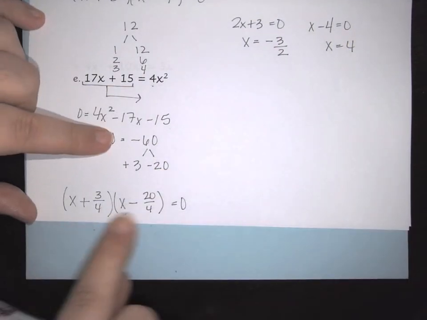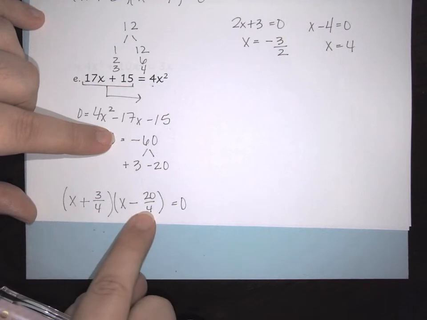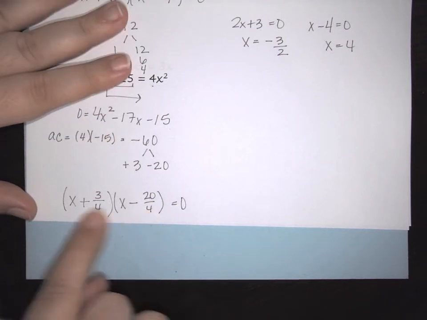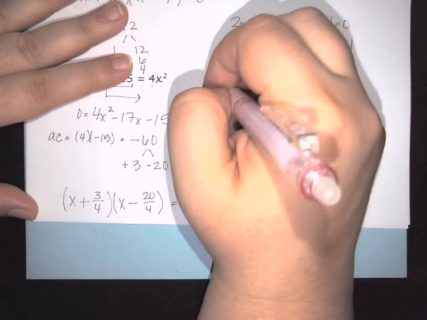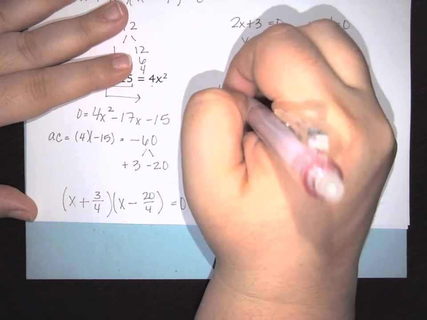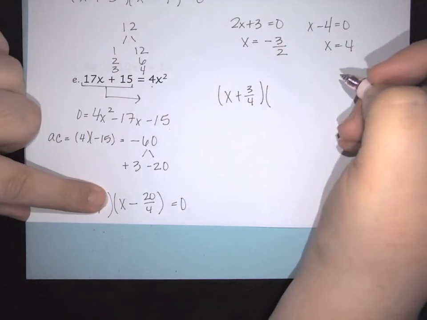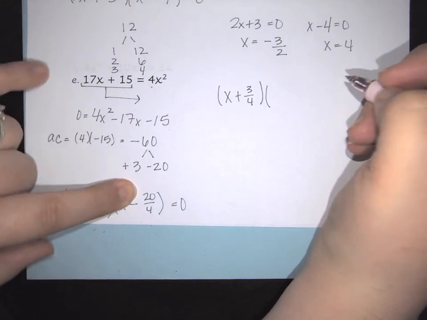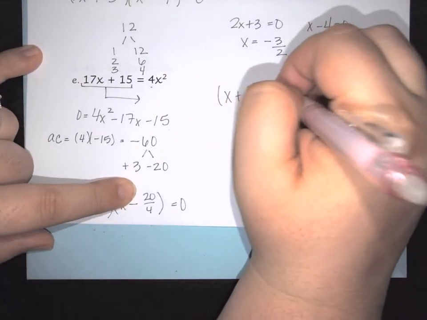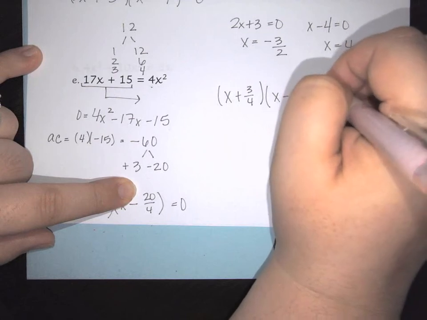Now we have to look at each of these factors, and we have to reduce them as far as they can. This first one is already reduced, so this is still x plus my 3/4. And my second one, 20 over 4 reduces down to x minus 5, still equals 0.